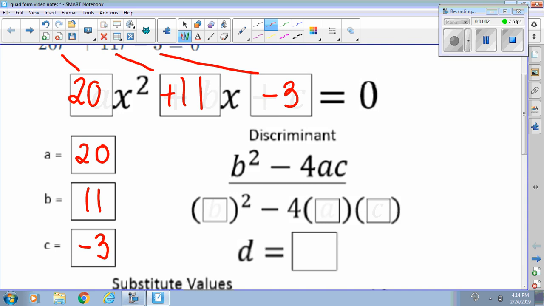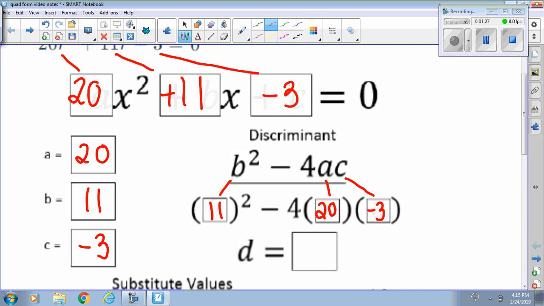Now I'm going to find the discriminant, which should be easy and not new. You guys did this last Thursday and Friday. So you're going to plug in B, A, and C. Your B value is 11, your A value is 20, and your C value is negative 3.